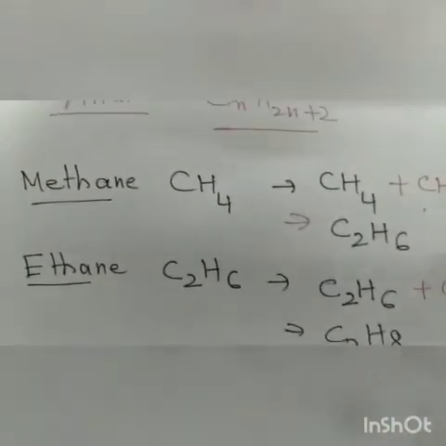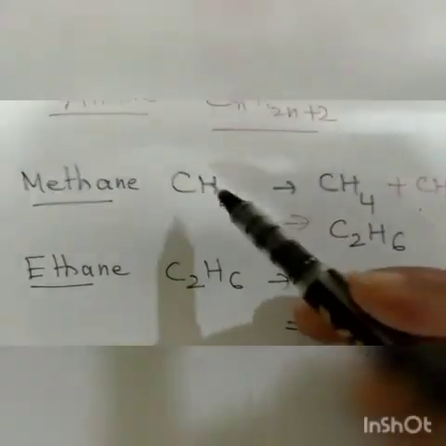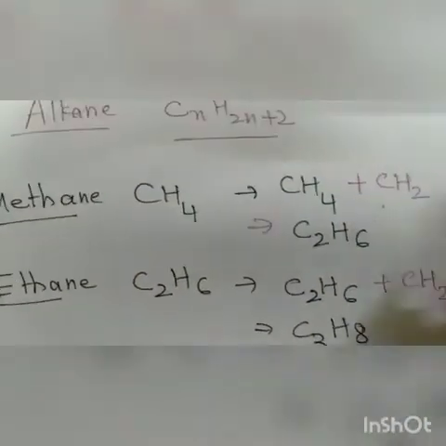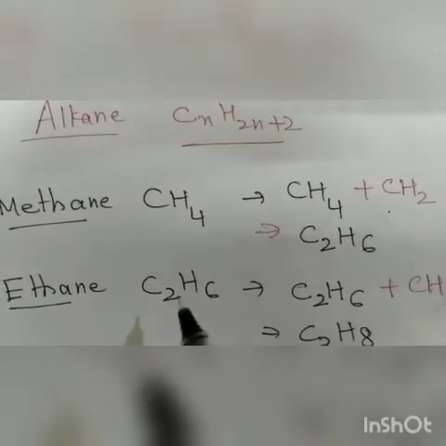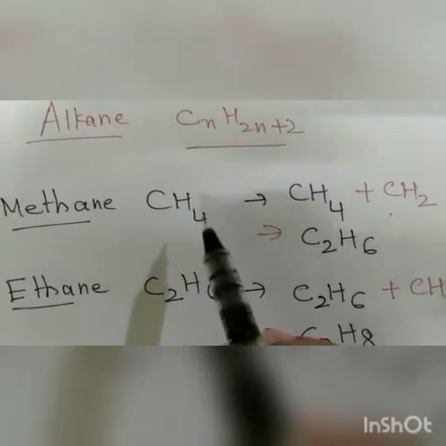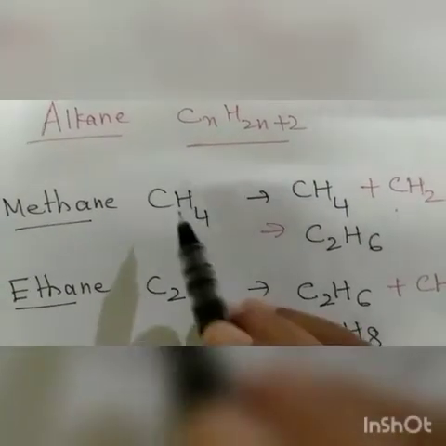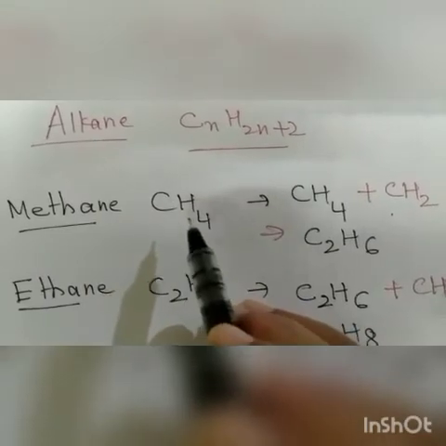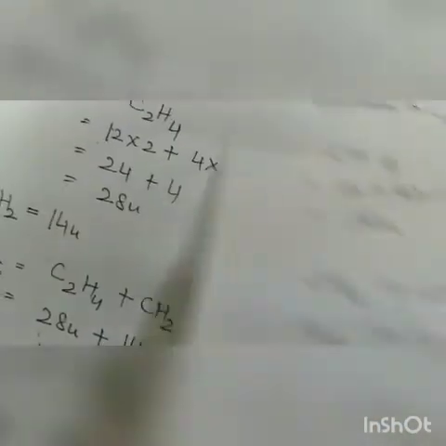So students, here I have not shown the other members, but the successive members differ by a CH2 group. The difference between C2H6 and CH4 is a CH2 group, because if in methane you add a CH2 group, you get C2H6. I hope it is clear to everyone.